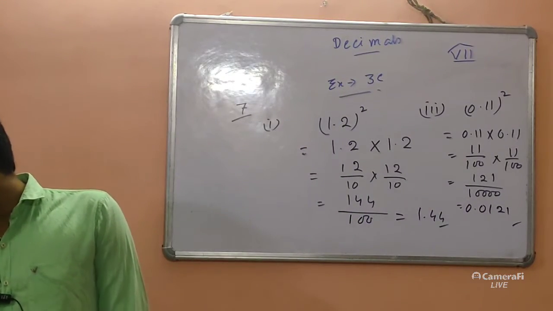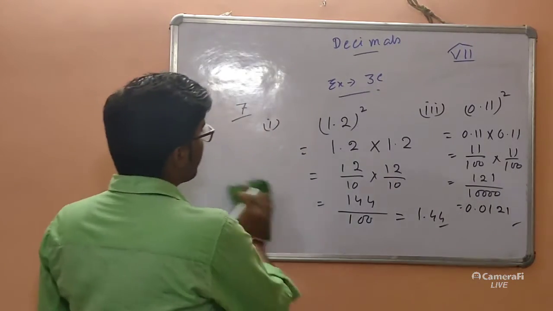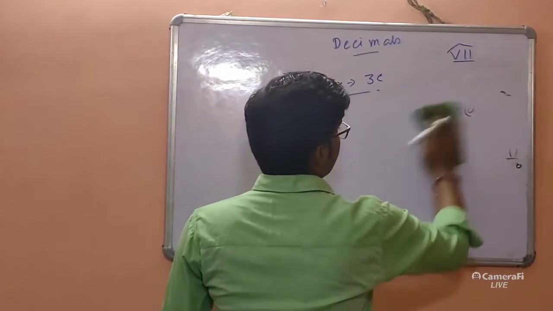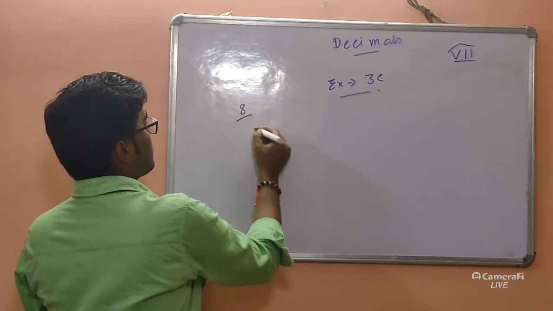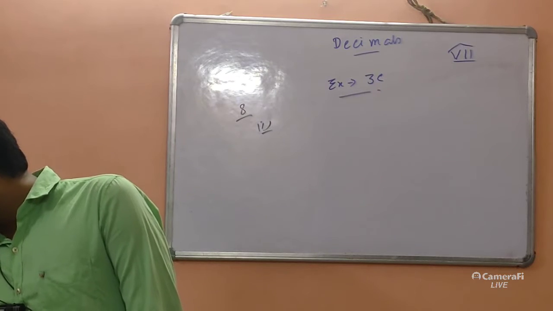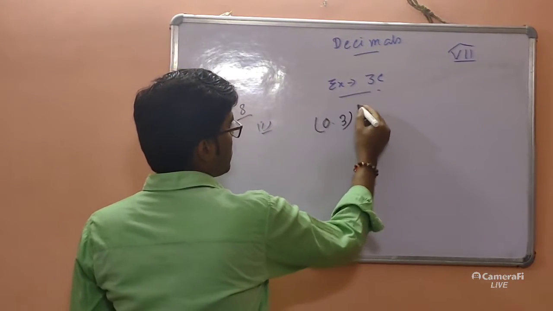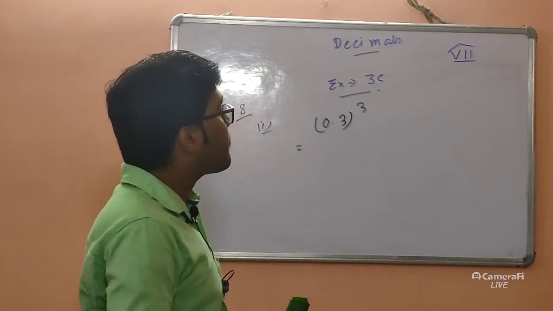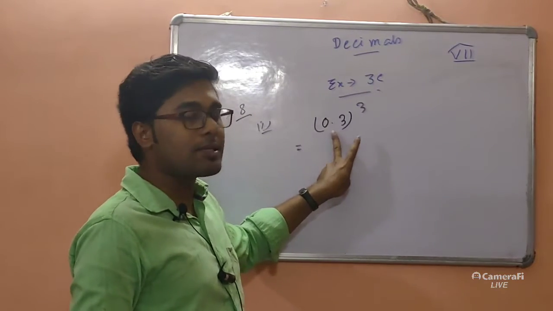Let us do the next one, question number 8: 0.3 whole cube. I've explained previously, whatever is the power, we will multiply this that many times.